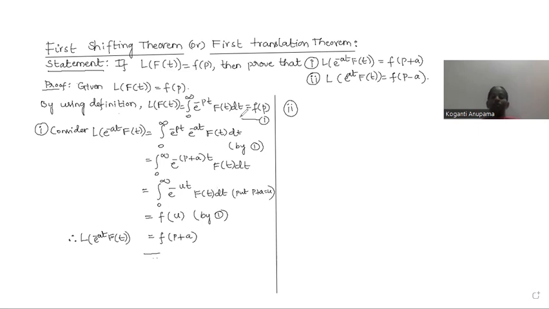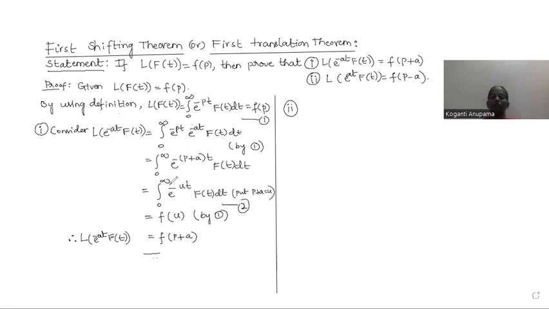Now observe equation 1 again. In equation 1, the integral from 0 to infinity of e power minus pt f of t dt, the entire integral is represented with F of p. Now what we obtained in the last step, the integral from 0 to infinity of e power minus ut f of t dt, let it be equation 2. Compare this 2 and 1, both you compare.